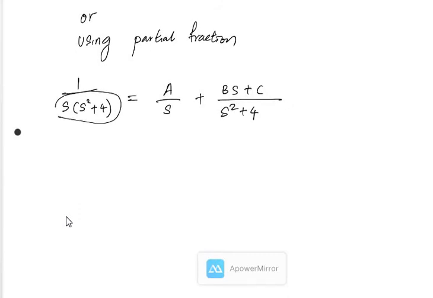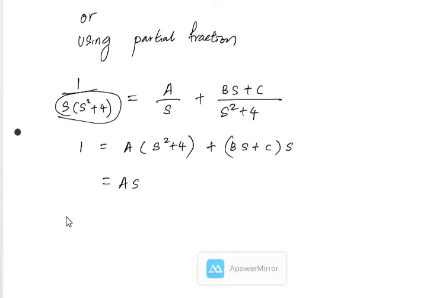So we move this to the right hand side, and we obtain 1 equal to a times s squared plus 4. We cancel out the s. And then plus bs plus c times s, where s squared plus 4 cancels out and we are left with the s.